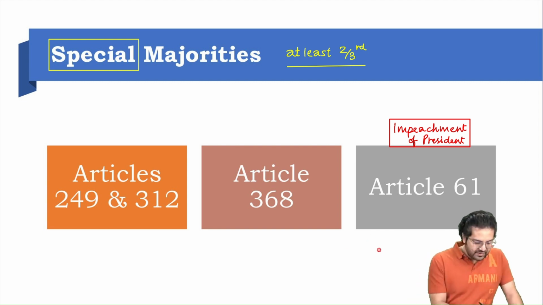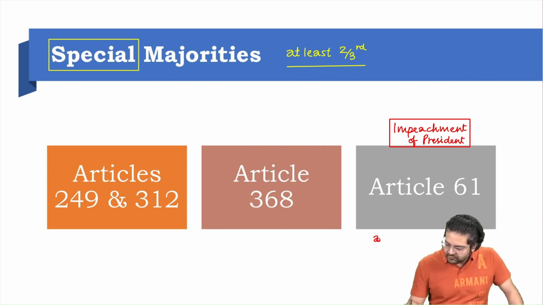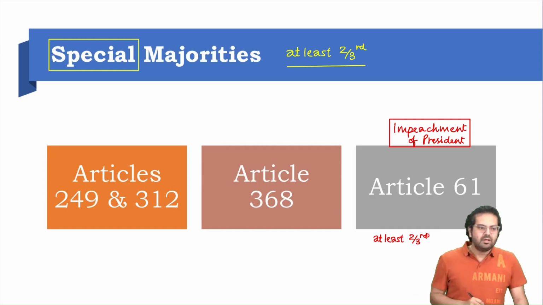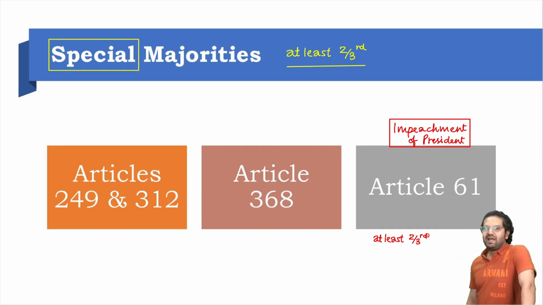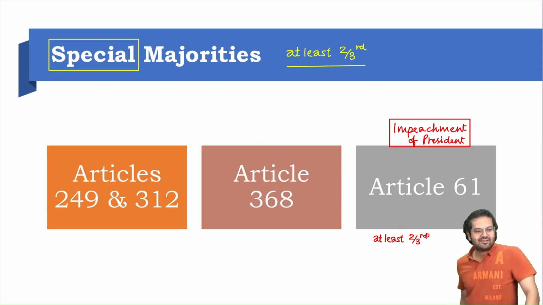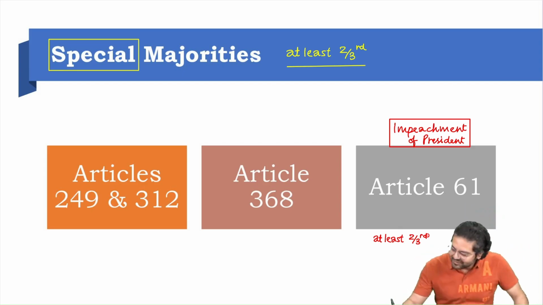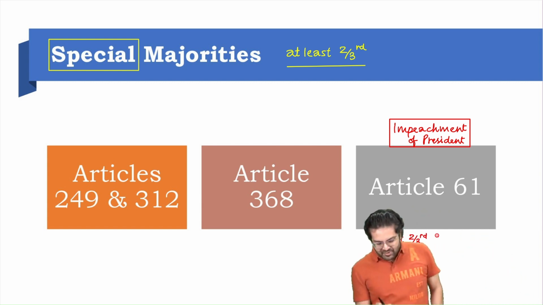Let's write completely before somebody flips off completely. At least two-third of what? Present and voting. Yes or no? Why silent? No. Two-third of total membership.